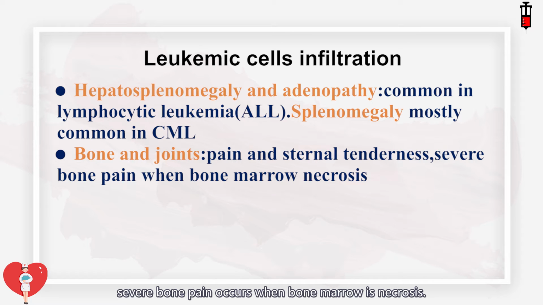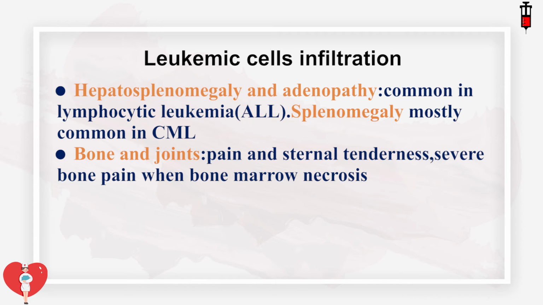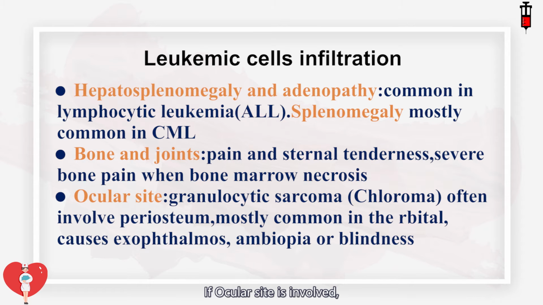Severe bone pain occurs when bone marrow is necrotic. If the ocular site is involved, there will be a granulocytic sarcoma, also called chloroma. It often involves periosteum, most common in the orbit, and causes exophthalmos, amblyopia, or blindness.